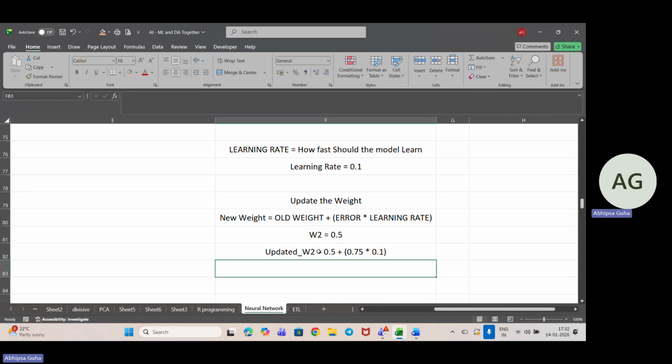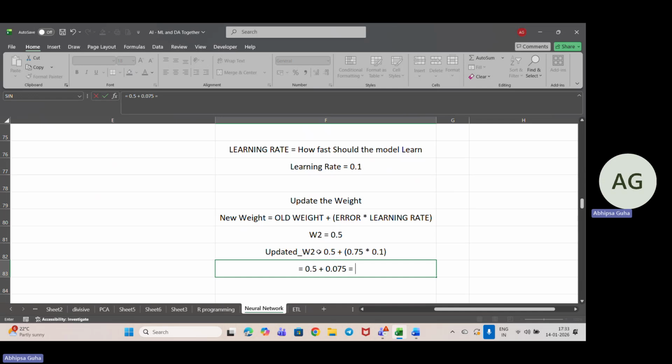So here if I am doing the calculation, that is 0.5 plus 0.075, because 0.75 into 0.1. So there should be three values after the decimal. So we are getting 0.075, right?